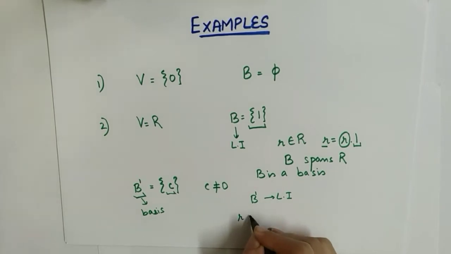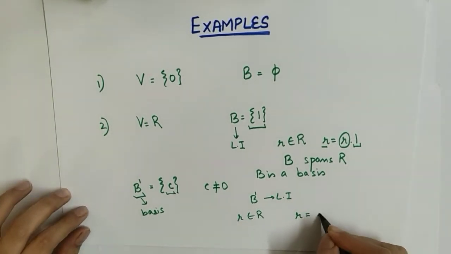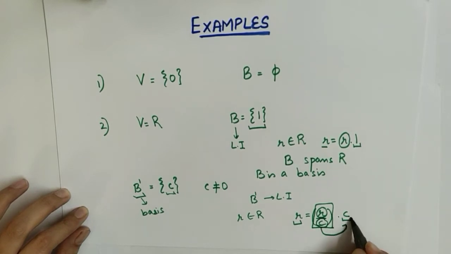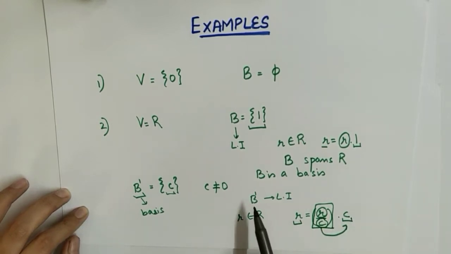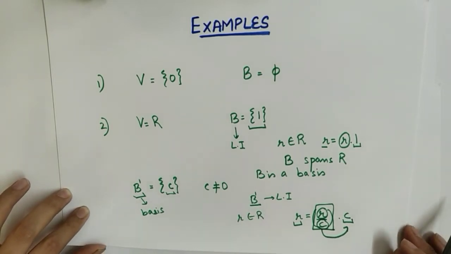Also, any r belonging to R can be written as r upon c into c. Now, r being a real, c being a real, this becomes a real number. So, r can be written as a scalar multiple of c. This means that B dash spans R. Hence, B dash is a basis.